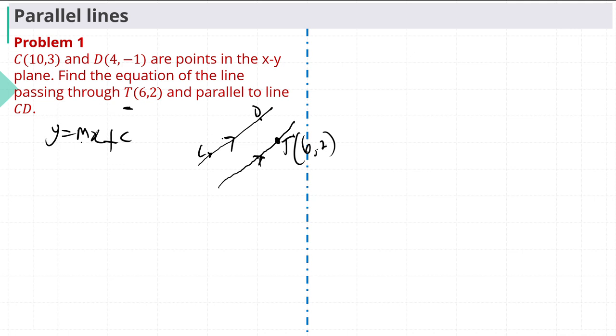So what do we do? We know that gradient of CD equals gradient of line passing through T, M1 equals M2. So what we do is we first find the gradient of CD. Gradient of CD equals change in y over change in x.